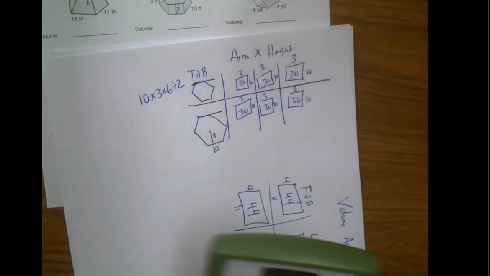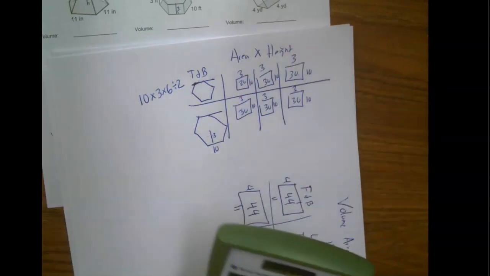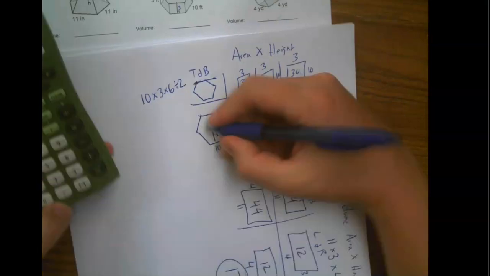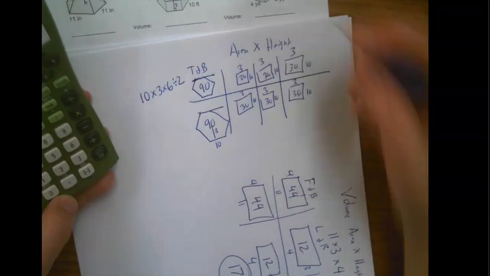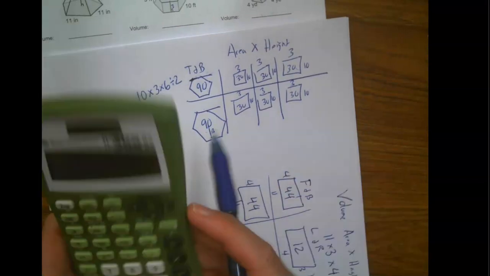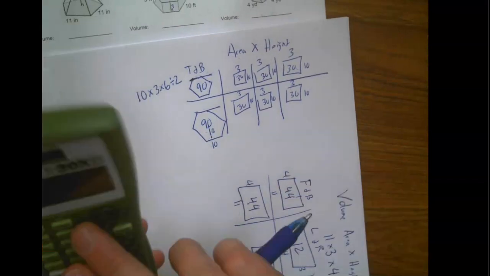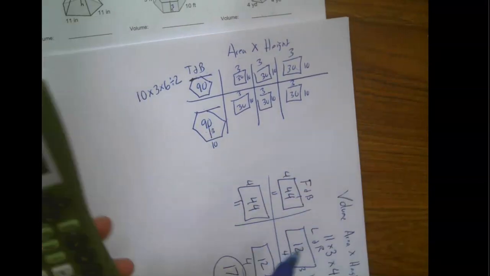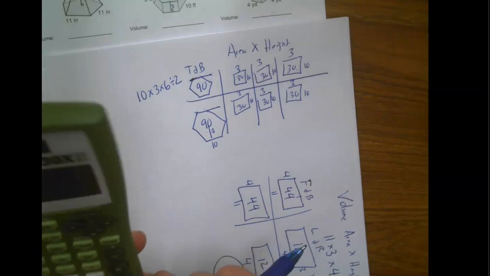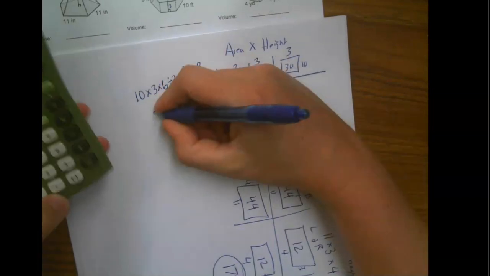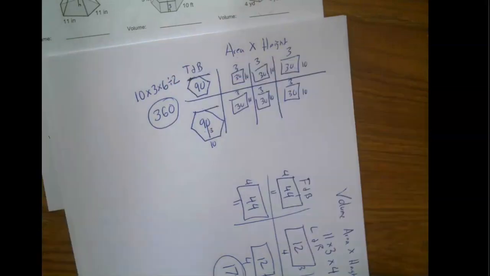So 10 times 3 times 6 divided by 2 gives me 90. 90 here, 90 here. Then I add all 8 shapes up. 90 plus 90, plus 30, plus 30, plus 30, plus 30, plus 30, plus 30, and your total is 360.